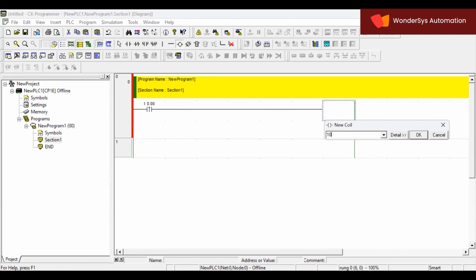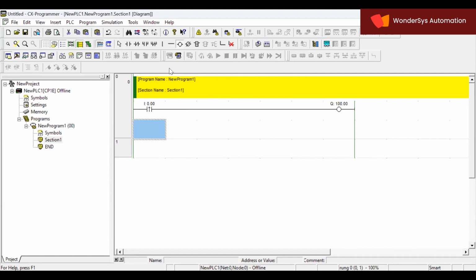Then take the output. Now let's see whether we can observe the output or not, because it is a tiny time period where the output will get on only for that particular time. Not for the whole clock pulse; only during the transition from 0 to 1 will it be on.